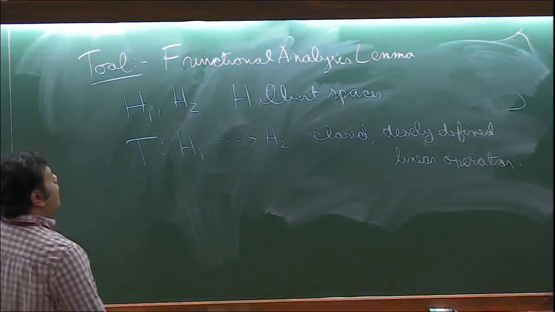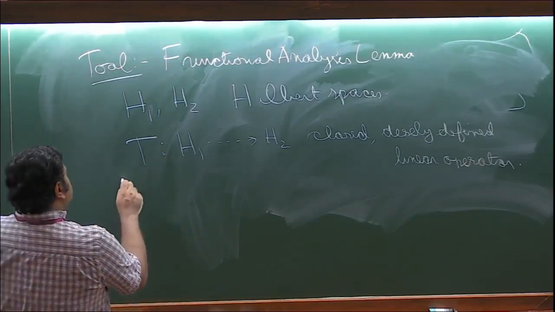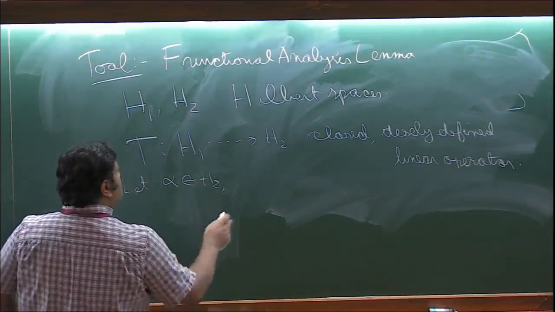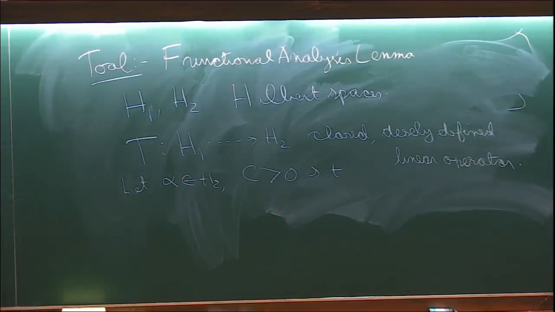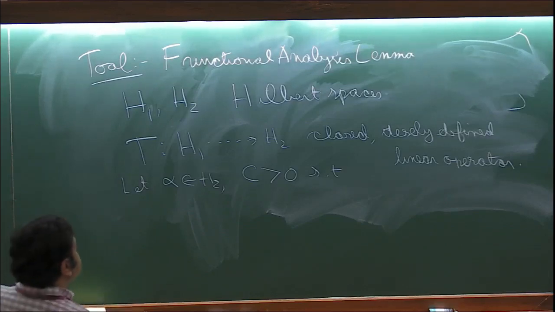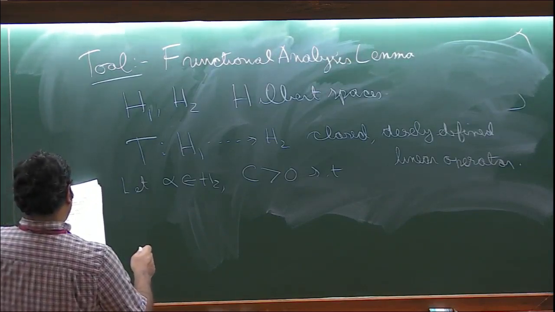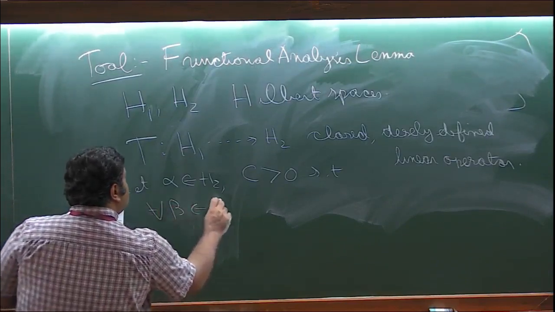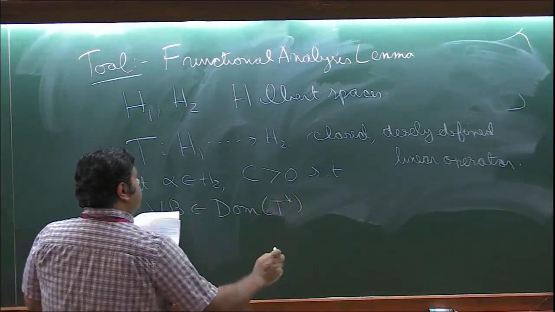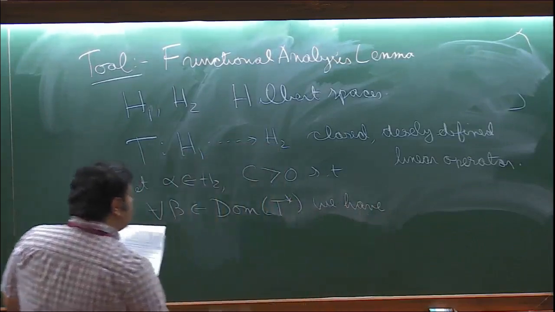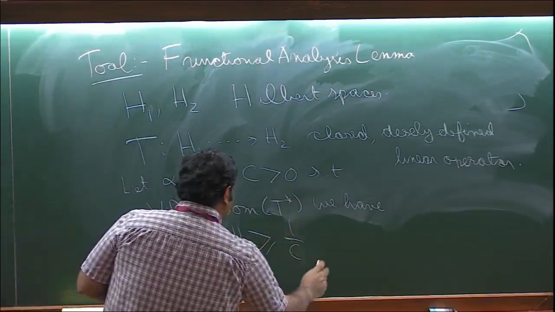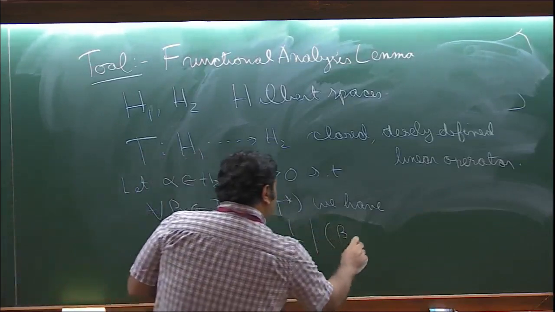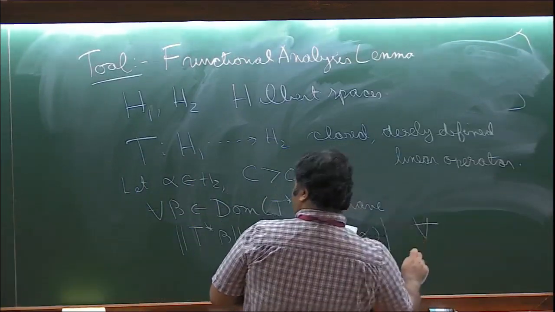And let alpha be an element of H2 and C be greater than 0 such that, so now I have to be careful and look at where the C actually occurs, such that for all beta in the domain of the adjoint of T, we have the following inequality: the norm of T star beta is bounded below by 1 over C times the absolute value of the inner product of beta and alpha.